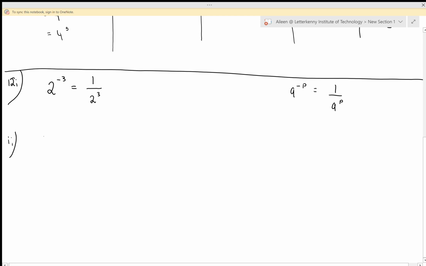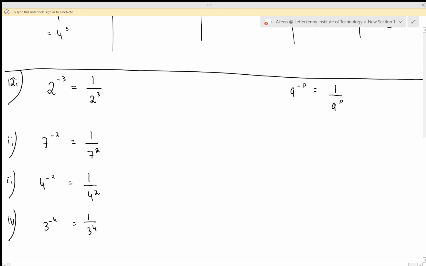Part 2, same thing again. 7 to the negative 2 gives you 1 over 7 squared. 4 to the negative 2, 1 over 4 squared. 3 to the negative 4, 1 over 3 to the power of 4.